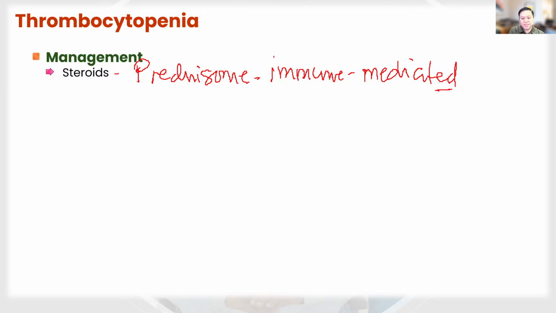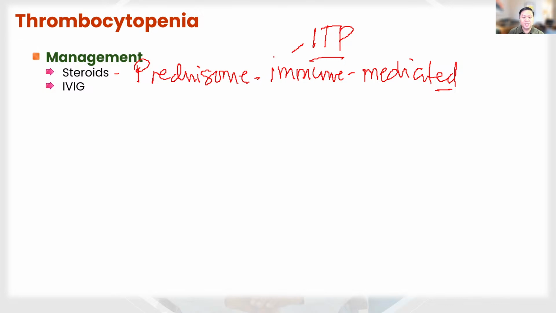So this is going to be useful in treatment of the idiopathic thrombocytopenic purpura, or known as the immune thrombocytopenic purpura, ITP.